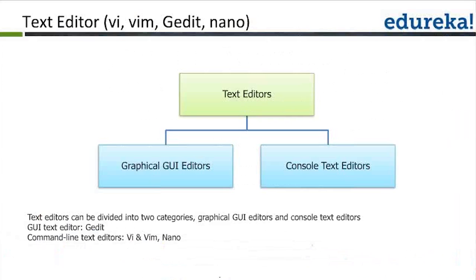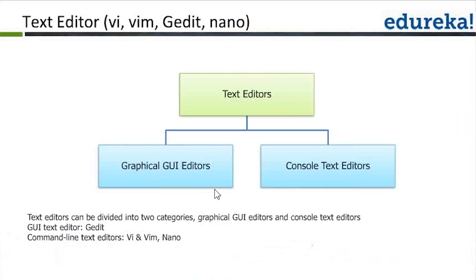Even in terms of text editors, we have something called Gedit. When you are in run level 5, you can make use of Gedit. But if you're a Linux administrator, you will mostly be working on servers where you may not have run level 5 or GUI mode. So it is important that you stick to the VI or Nano editor.